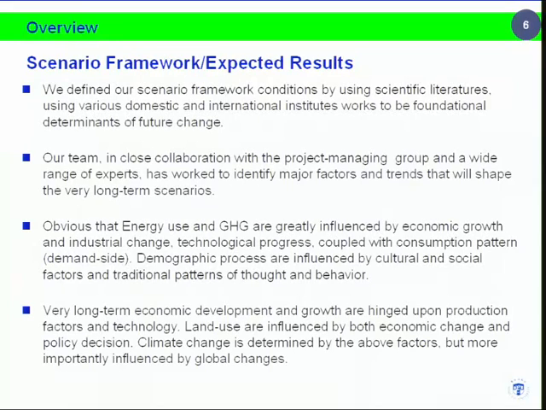If you look at the last sentence, in Korea, and maybe in other countries similar to Korean economic and social development, the economy will grow, but in the very long run, maybe there will be a big decreasing rate, like what Japan and European countries are currently experiencing. And then land use basically is pretty much influenced by policy decisions.